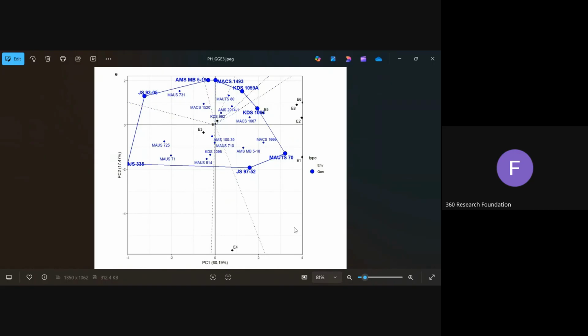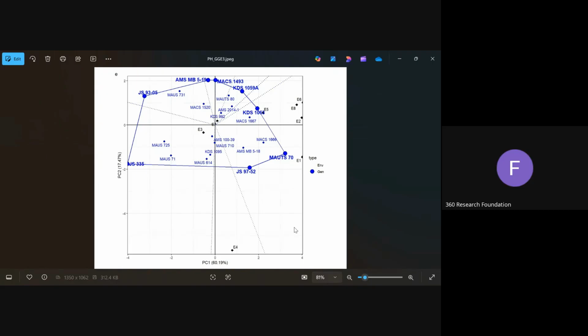My starting statement is that whatever genotypes are present on the verge of the polygon are more responsive and contribute strongly to gene-by-environment interaction. Okay, so this first statement is clear. Yes, sir.